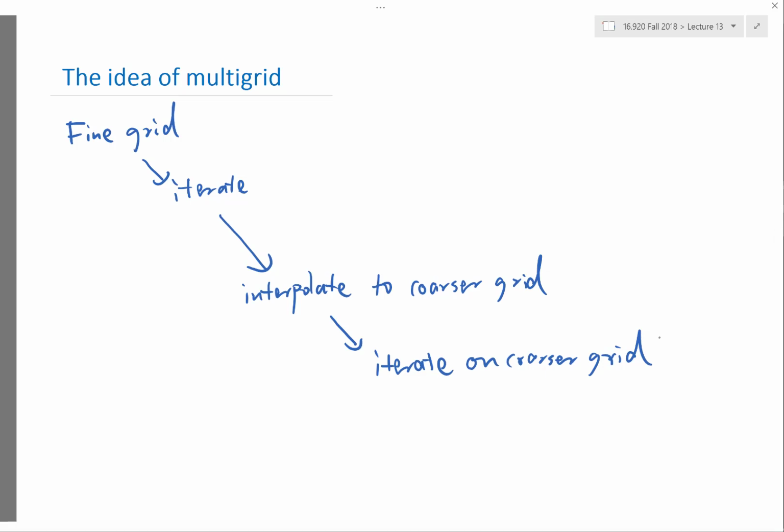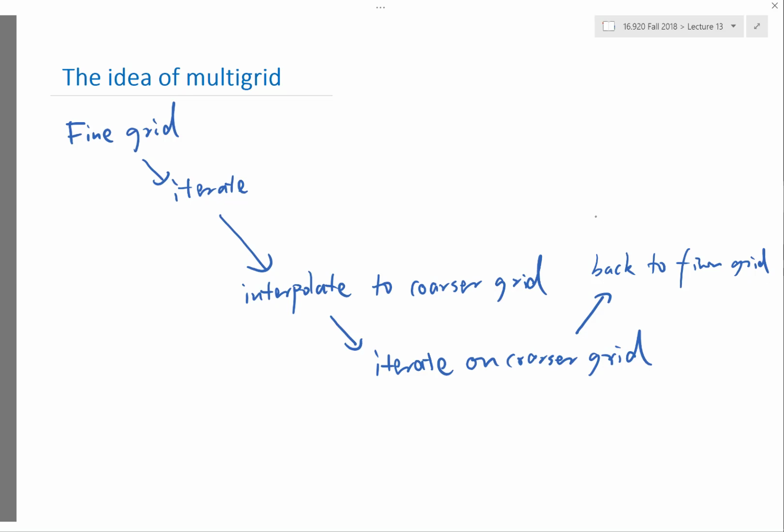The smaller the matrix is, the faster the convergence is. So if we iterate a few steps and get a smoother solution, that enables us to interpolate to a coarser grid and iterate there. Then we interpolate back to the finer grid and keep iterating again. That's the idea of multigrid.